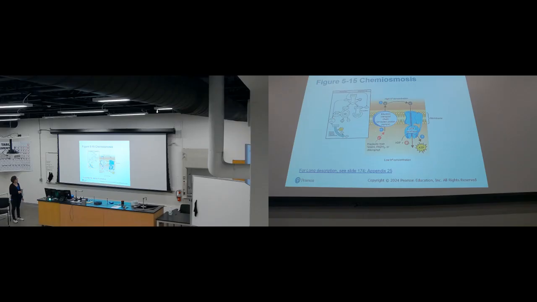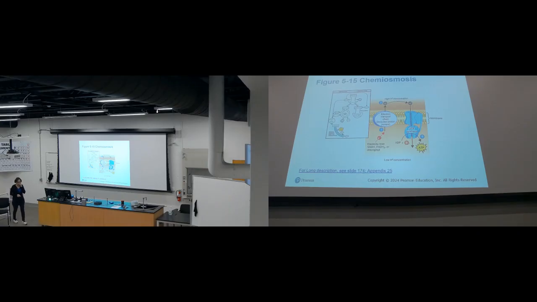Then you have the matrix here, and here the intermembrane space. As these hydrogens move into here, they will accumulate, so that will make a concentration gradient.